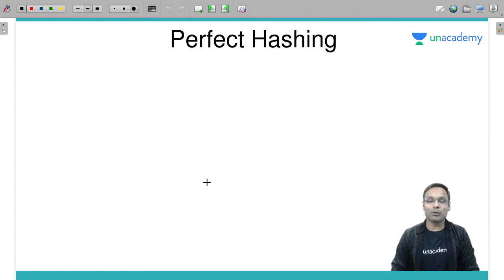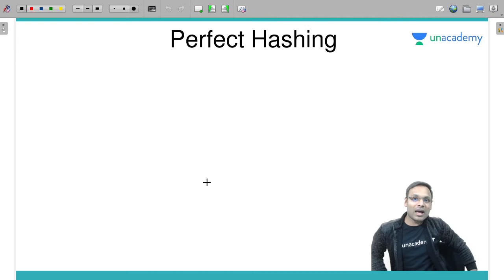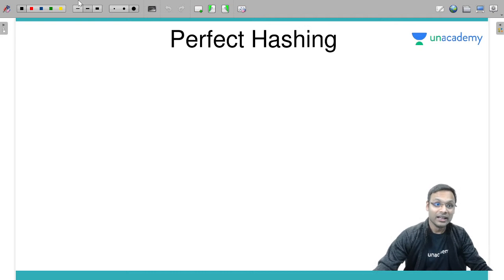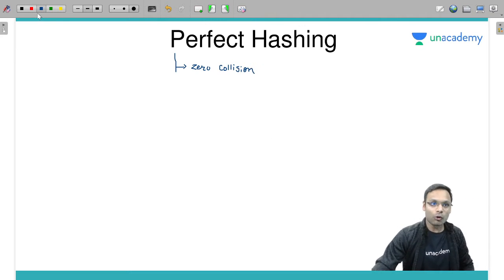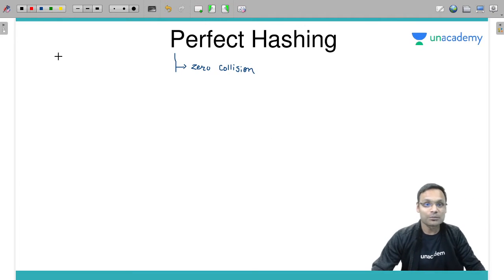Now next thing is perfect hashing. नाम से समझ में आ रहा है कि hashing perfect है. So what is perfect hashing? Perfect hashing का एक सिंपल सा फंडा है: zero collision. Something is perfect means problem is zero. Zero collision. Now I will tell you what is perfect hashing.